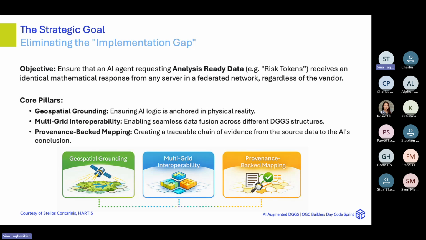But the API theoretically should support conversion from any DGGS grid to another. So hopefully that will happen. It's partially happening. Then provenance-backed mapping: we have to create a traceable chain of evidence from the source of the data to the AI conclusion.